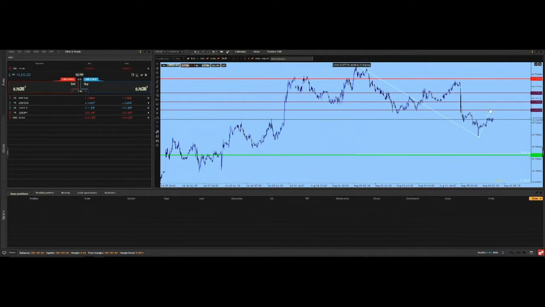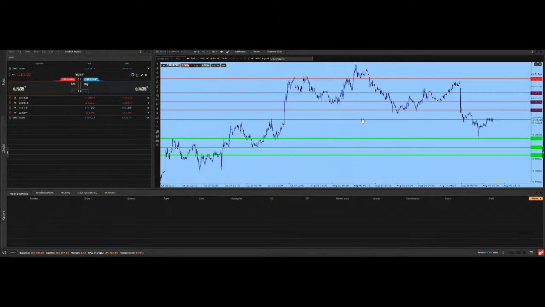If I retrace back to this zone, this would be my area to take profit, right at this zone. And if I retrace to this area, I'd make this area right here my zone to get out in profit. Then just clean this up. So now we've got a full 3 orders set up, speculated.